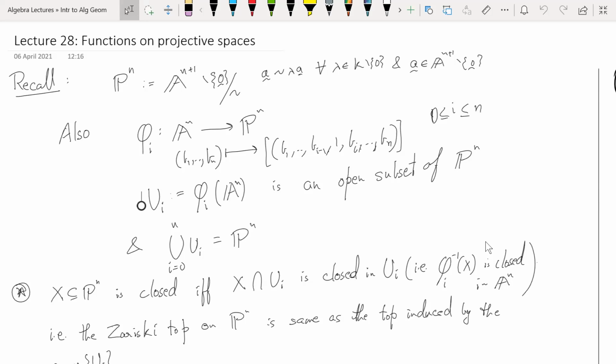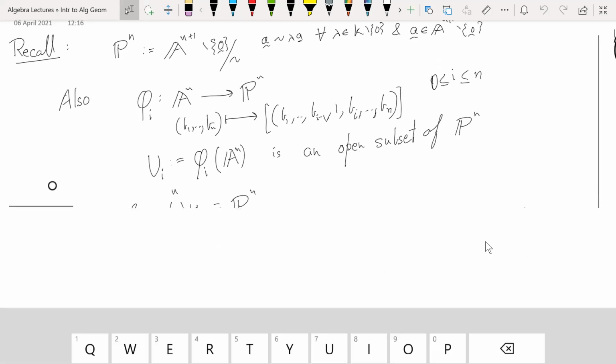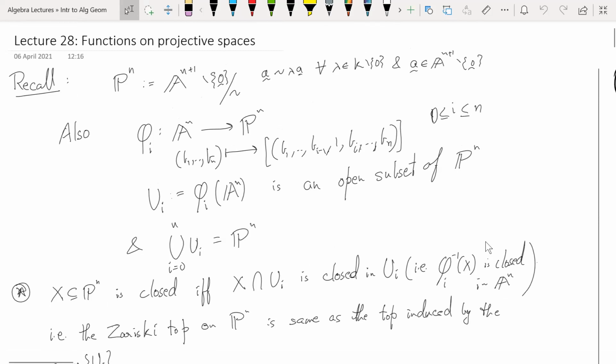So at the ith spot you should have 1, and then you just put the b_i's appropriately. This phi_i is an injective map from An to Pn, and you will call Ui the image of phi_i in Pn.